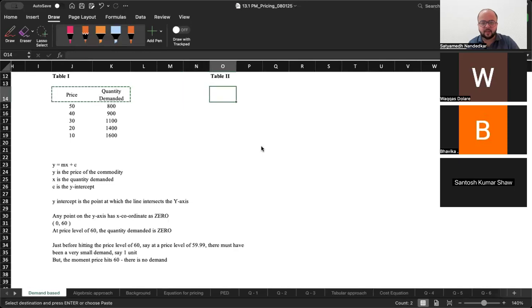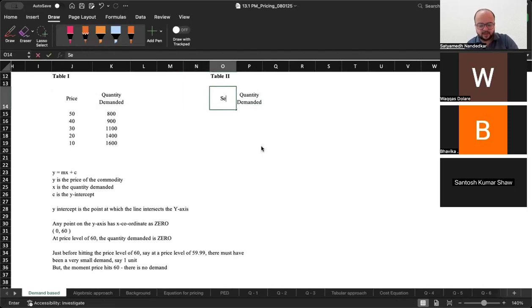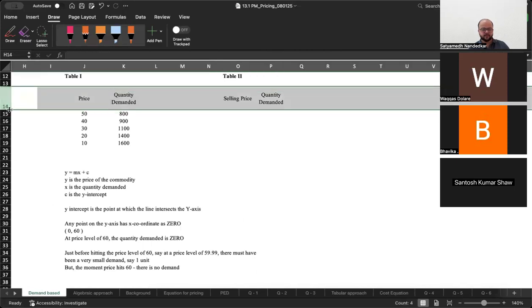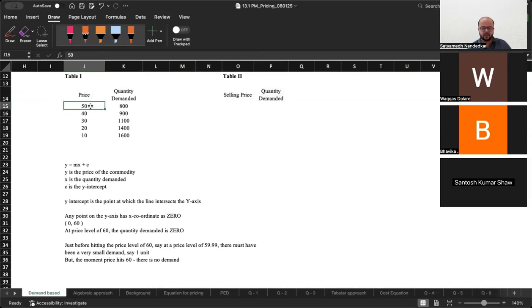And by price, I mean selling price. Selling price, quantity demanded. So, my selling price would be something, say 20, 18, and 15.